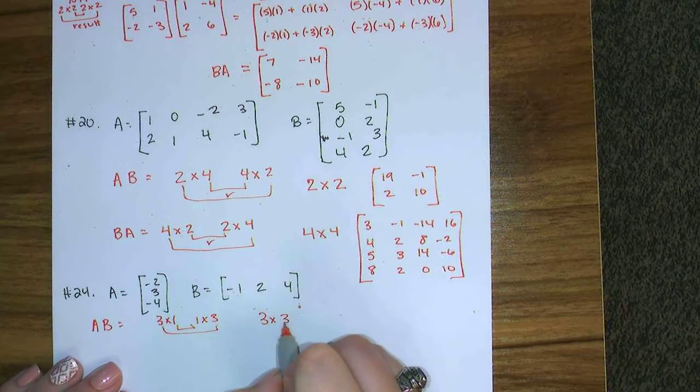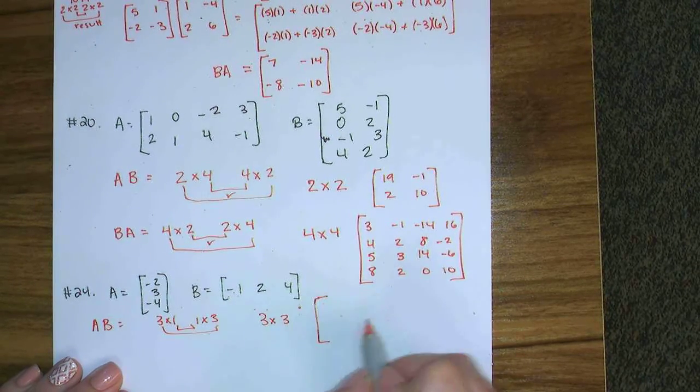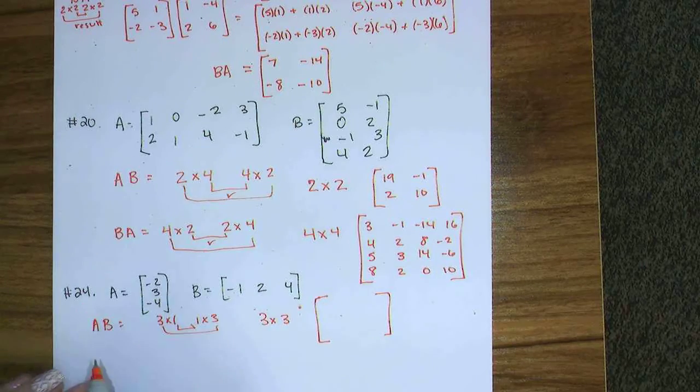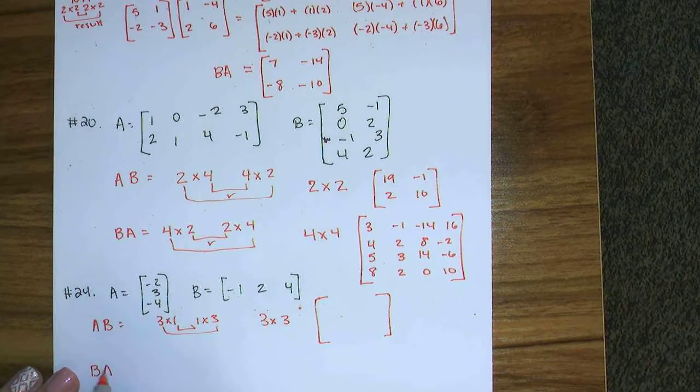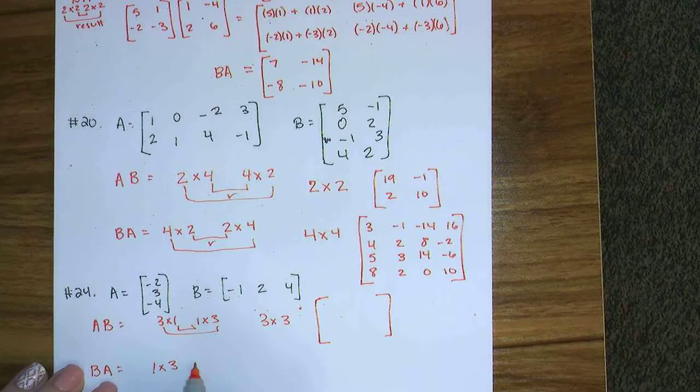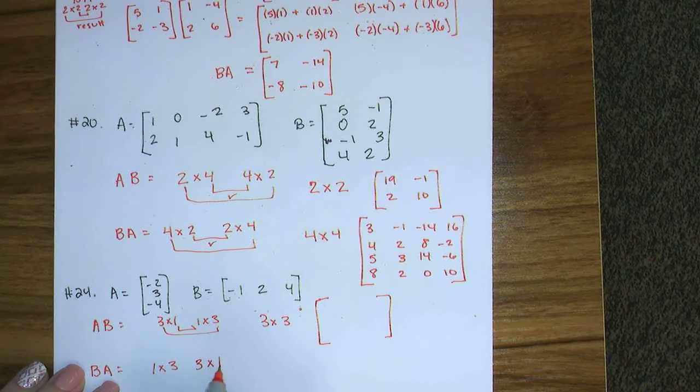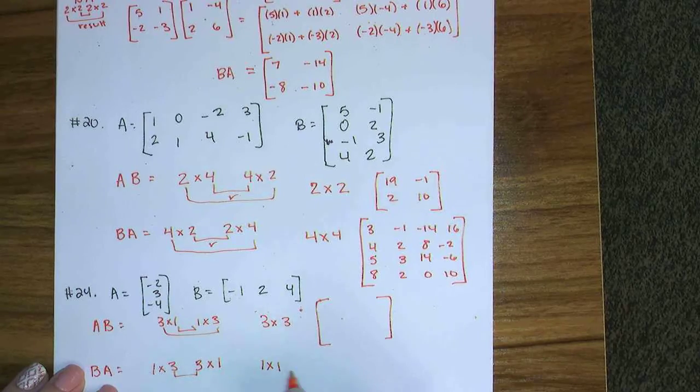And then you would go through and fill in the 3 by 3 matrix. BA: B is a 1 by 3, A is a 3 by 1. These two match, so I'm left with a 1 by 1, which is just one little block.